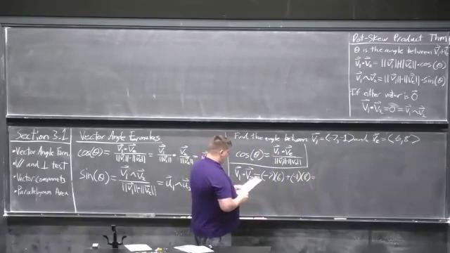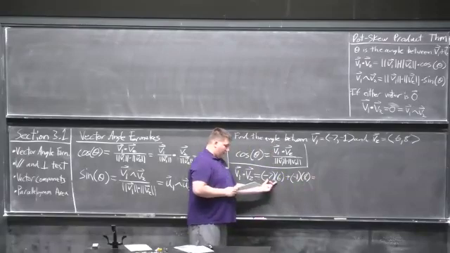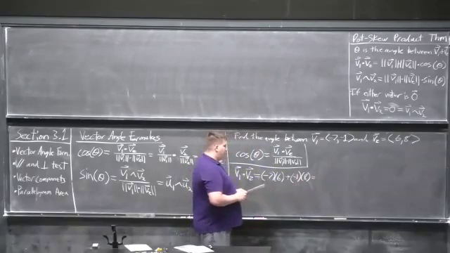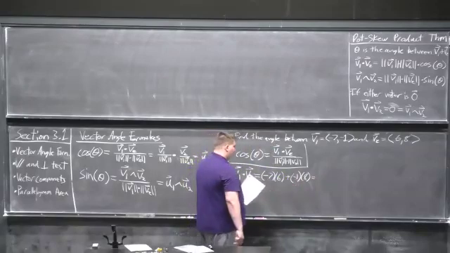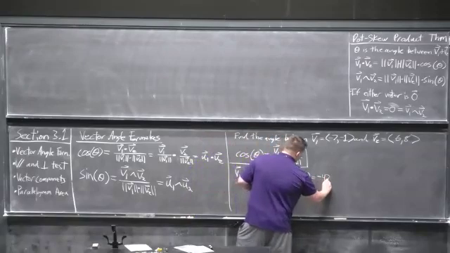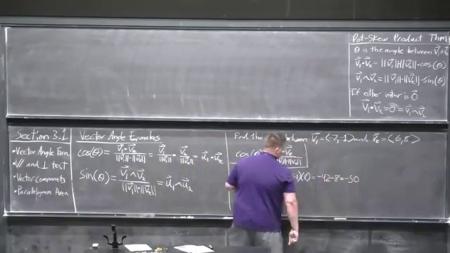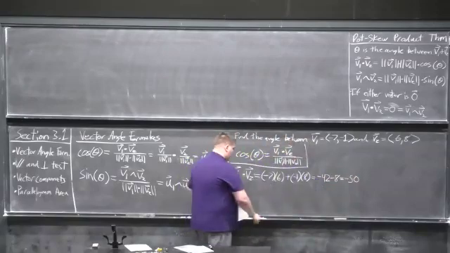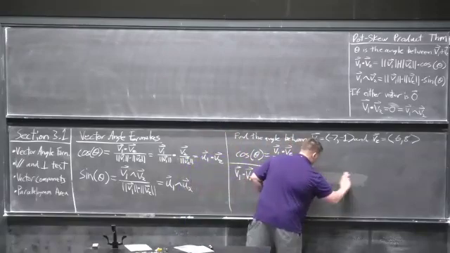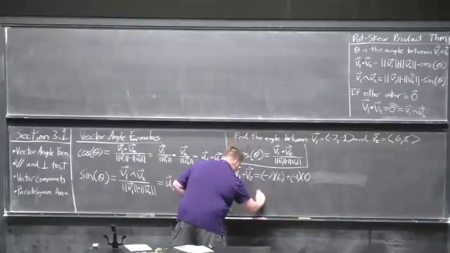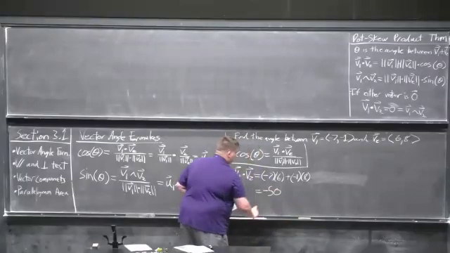So this gets us negative 42 plus a negative 8. So that's negative 42 minus 8, which is negative 50. So this is equal to negative 50. That's our dot product.